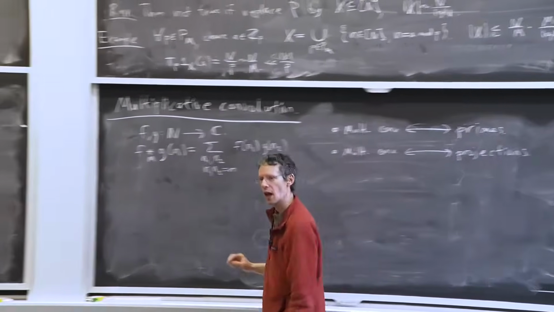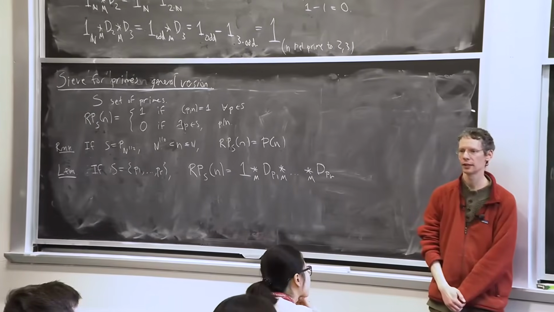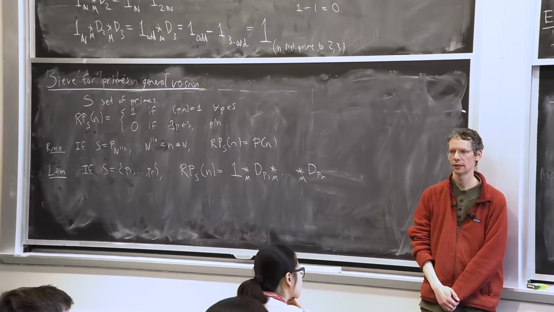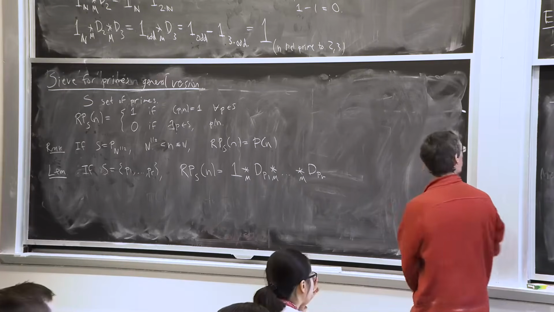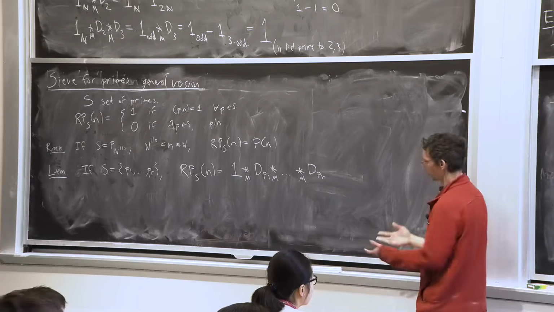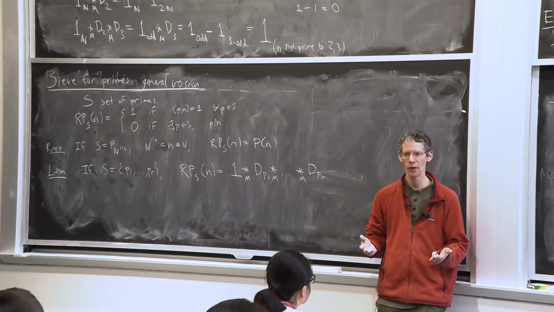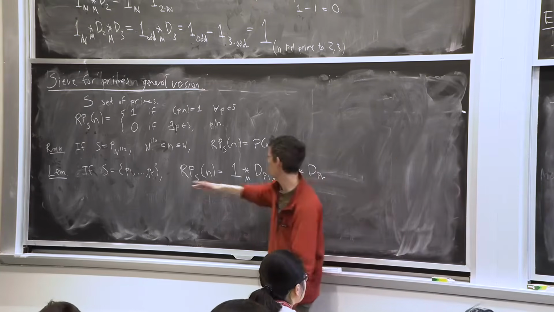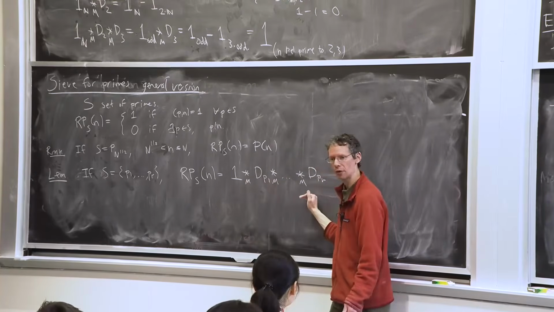OK, cool. Any other questions or comments? All right. So the characteristic function of the primes is a special function, probably in lots of ways. And the way that's relevant for us today is that the characteristic function of the primes is basically this function, which is a big multiplicative convolution.